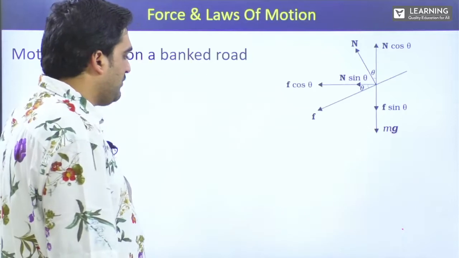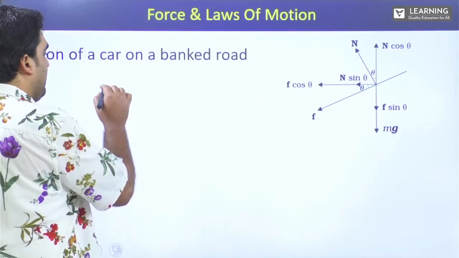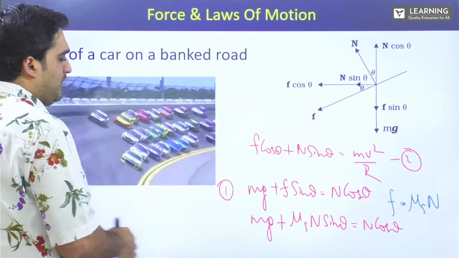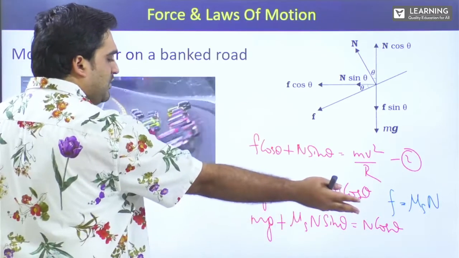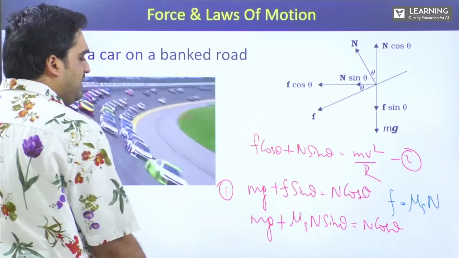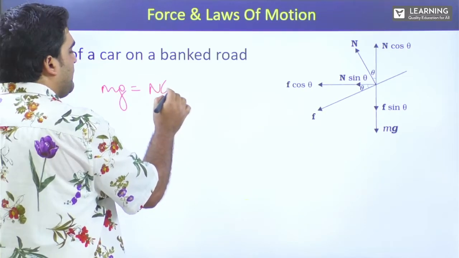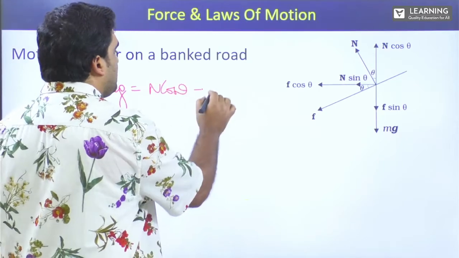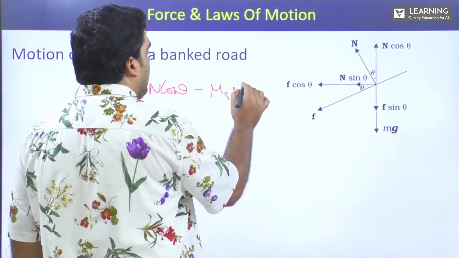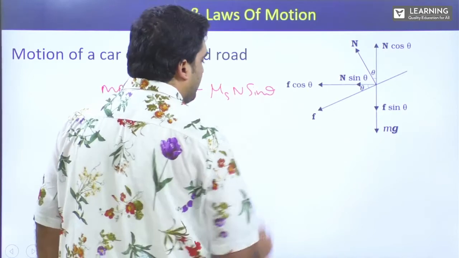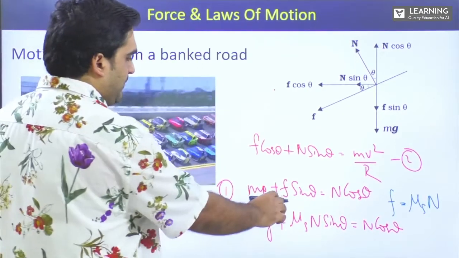Now take that mu s n sine theta to the other side, so you get mg equals n cos theta minus mu s n sine theta.